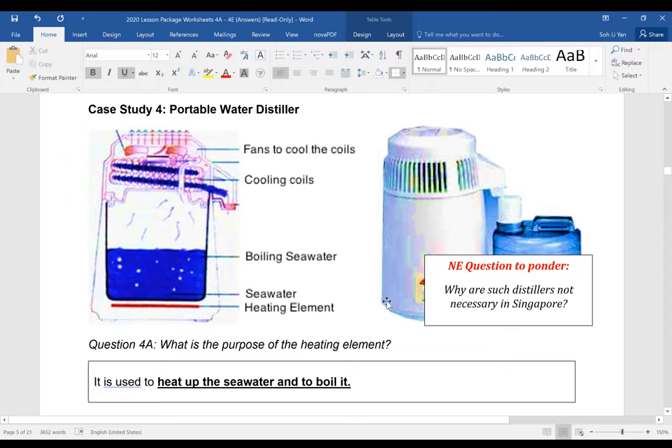If you guessed right, upon boiling the seawater, the water vapor will condense on this surface, and then we are able to obtain water droplets.